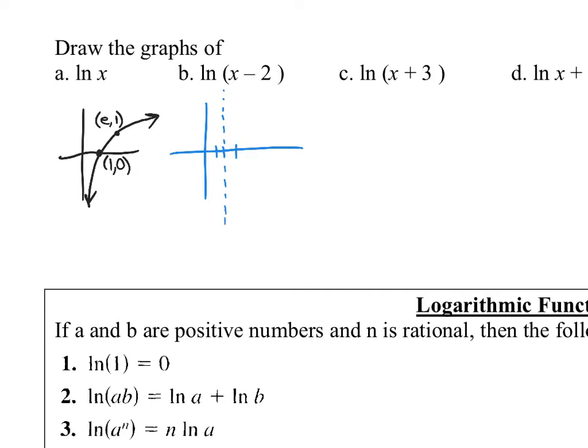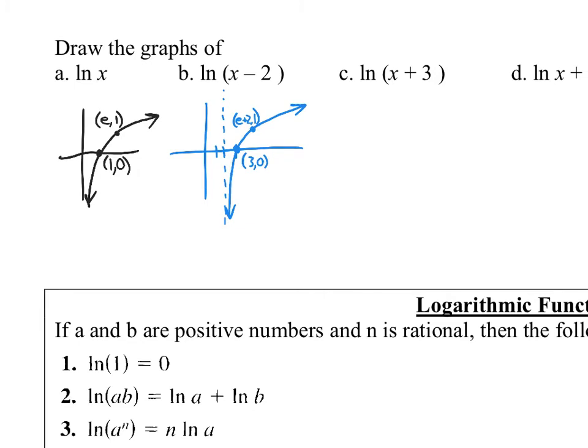Instead of hitting at (1, 0), we're hitting at (3, 0) on the x-axis, and instead of (e, 1), it's going to be (e plus 2, 1), whatever that equals, 4.718.